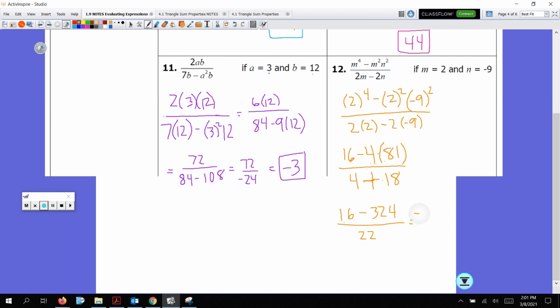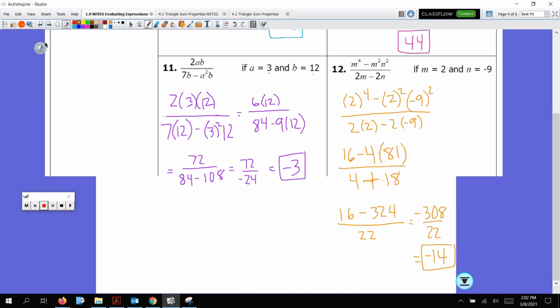So you should get negative 308 for the numerator. All of that divided by 22. And when I take negative 308 divided by 22, we all should get negative 14. All right. That was pretty tough, but please make sure you're taking your time, and I think you'll be fine.